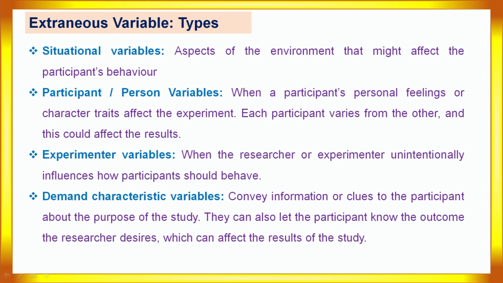When an experimenter type extraneous variable is operating, use of the double blind procedure may be useful, meaning both the researcher and the respondent do not know the purpose of the study.